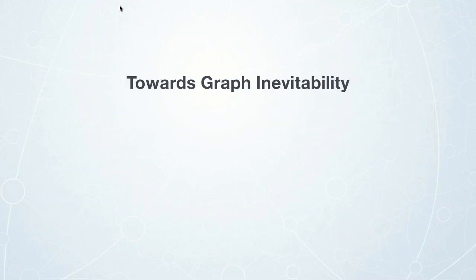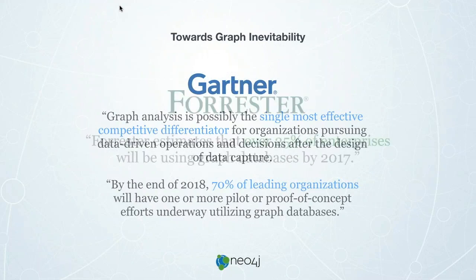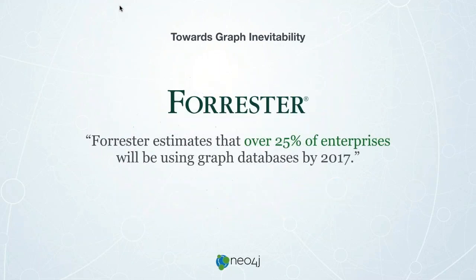And the analysts seem to agree with us, and Gartner talks about graphs being the single most effective competitive differentiator for data-driven operations today. And they predict that by the end of 2018, 70% of leading organizations will have at least one or more pilots or proofs of concept on their way. And Forrester goes so far as to say that 25% of enterprises will be using graph databases by the next year even. And given the adoption rate that we see, we really agree.